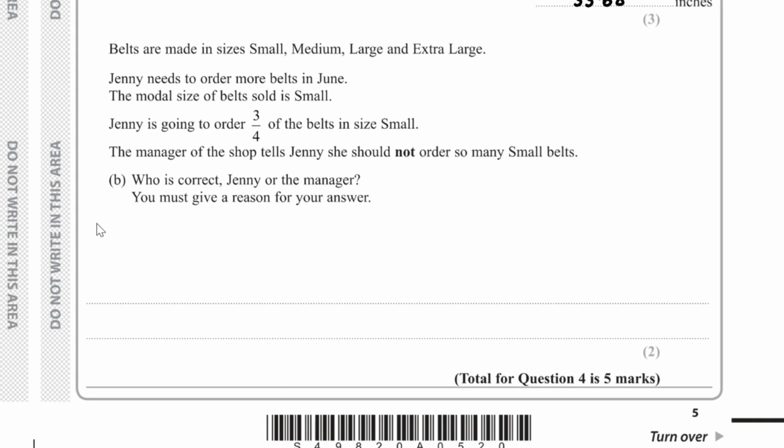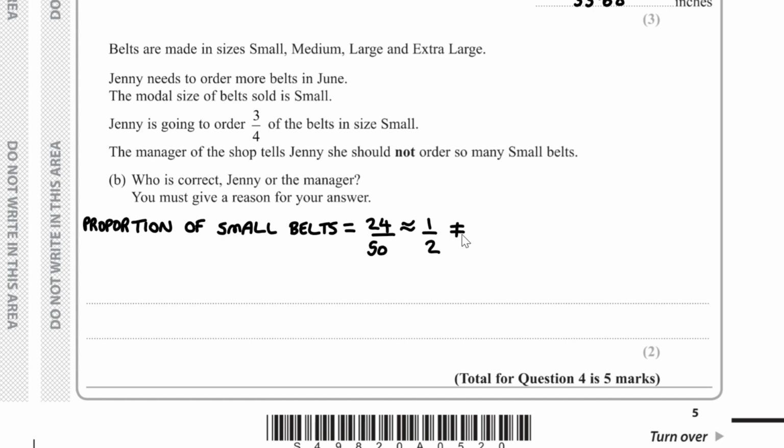So therefore, the proportion of small belts is equal to 24 over 50, which of course simplifies to approximately 1/2.